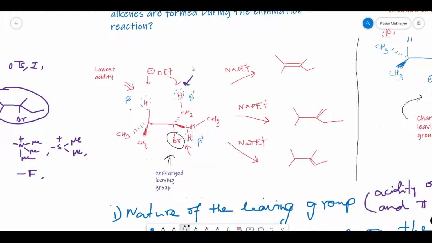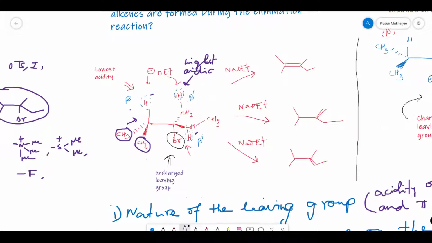This one will be highest in acidity, the second one will be this, and the least acidic one will be this hydrogen. Why is this so? Because there are two methyl groups which have a plus I effect, and the electron donating effect will decrease the acidity of this hydrogen. There is only one methyl group here, and in this case there is no methyl group.